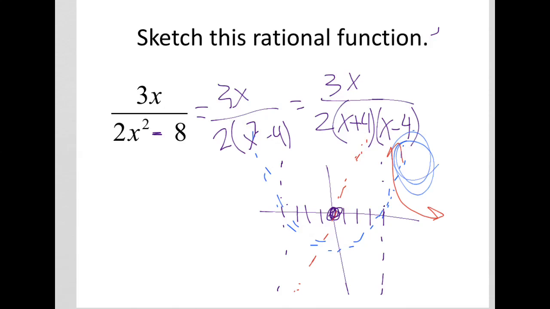I'll use a different color. So let's undo that and go black. I'm going to look like that. And then in this section here, between that asymptote and the 0, notice red is positive and blue is negative. So that tells me I'm going to be negative there, going up to that 0. The multiplicity of the 0 is 1, so I'm crossing. And now notice to the left of that, red and blue are both negative.